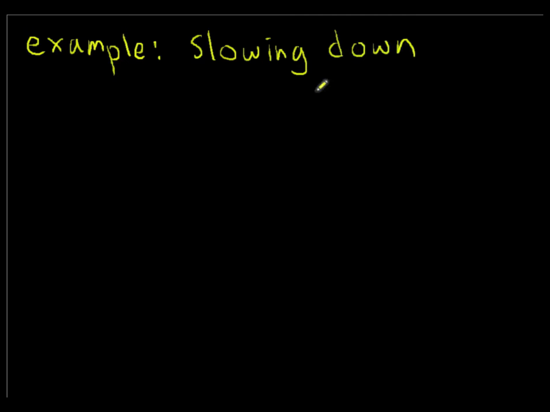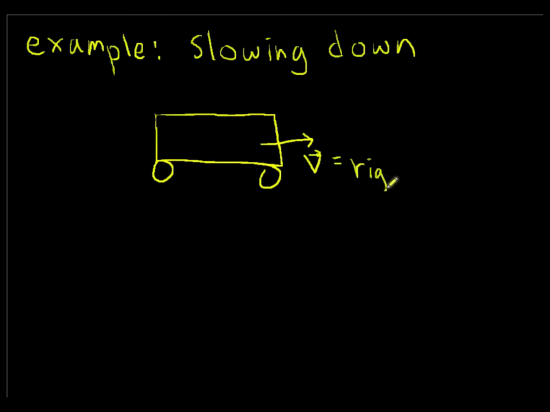We're also going to look at two examples of an object that is slowing down. For example, a little car that is traveling to the right, or with a velocity to the right. You would need to push it against its velocity to get it to slow down. This means to slow it down, the acceleration would have to be to the left.